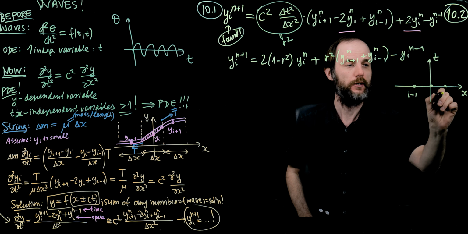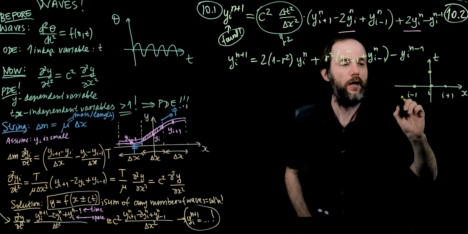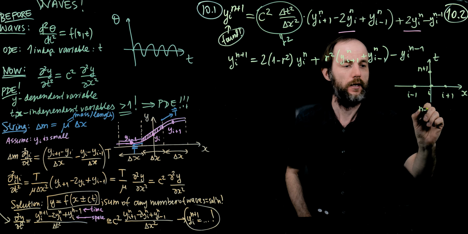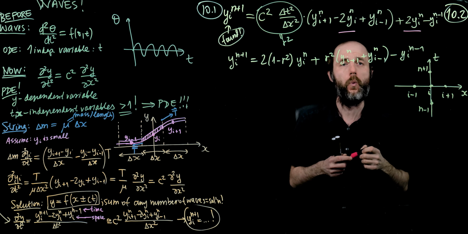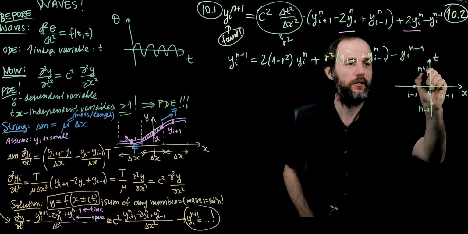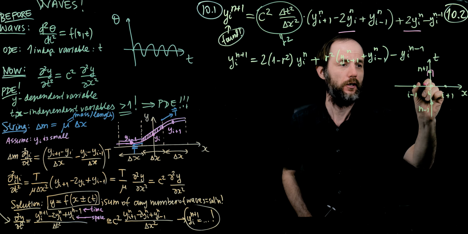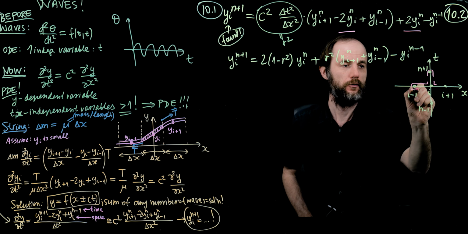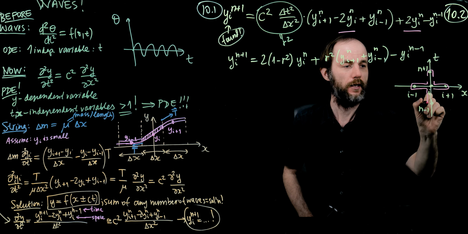This is i minus 1, this is i plus 1, and this is i. And this is n plus 1, and that is n minus 1. So this value depends on this value over here, these two values on the sides, and that one value down there.